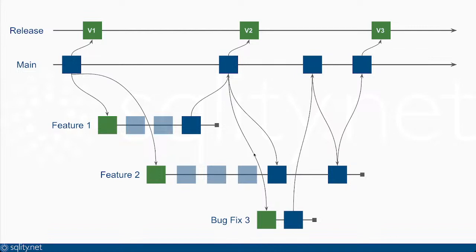Now, the nice thing about this is that all the merges from main to release are automatic, because nothing changes on release unless it comes from main. The other nice thing is that this process gives us the possibility to now do pull requests instead of merges.